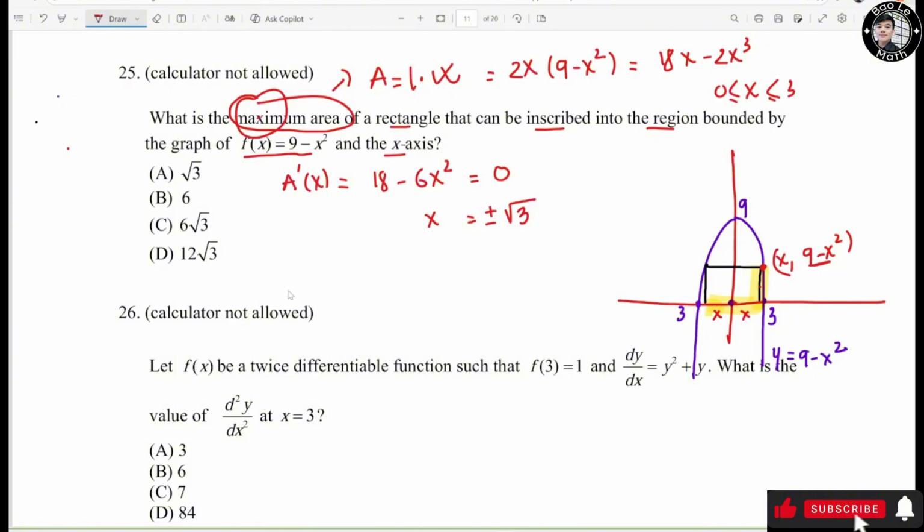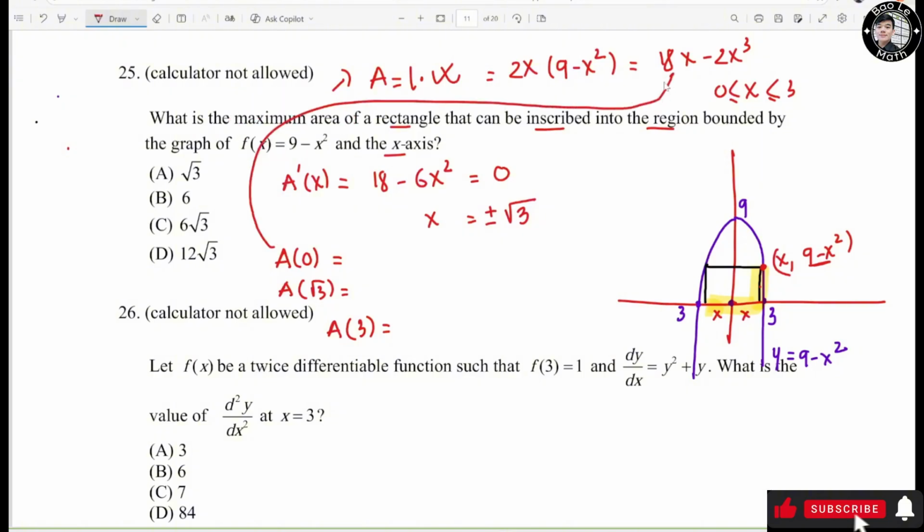So we need to use the candidate test. So we have A of 0, A of root 3, and A of 3. A of 0, substitute 0 for s into the equation right here, so we get 0. A of root 3 is 18 times root 3 minus 2 times root 3 cubed. So this one turns out to be 12 root 3.